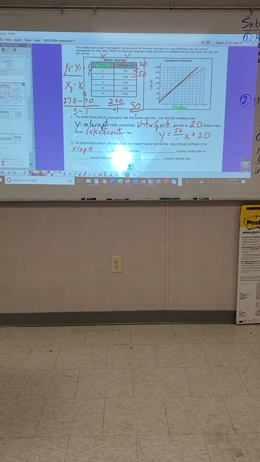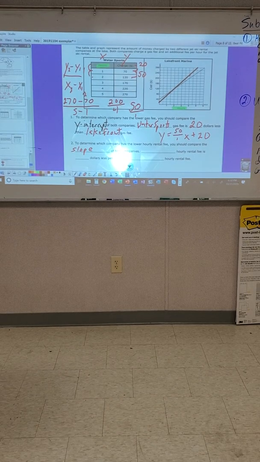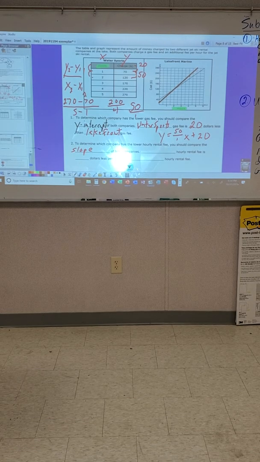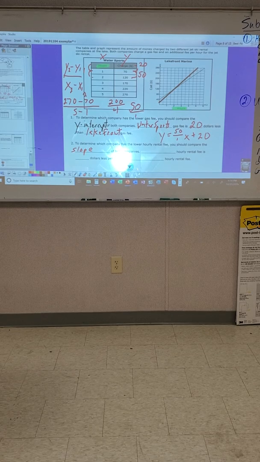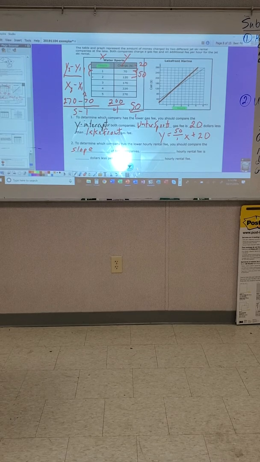So the hourly rental fee, it seems Lakefront Marina has the lower hourly rental fee, because as you increase in time, you increase along the y-axis at a lower rate for Lakefront Marina than you do for water sports. We notice that the slope of Lakefront Marina's line is not as steep as water sports.